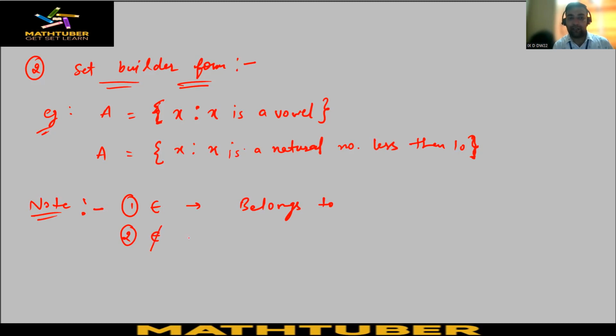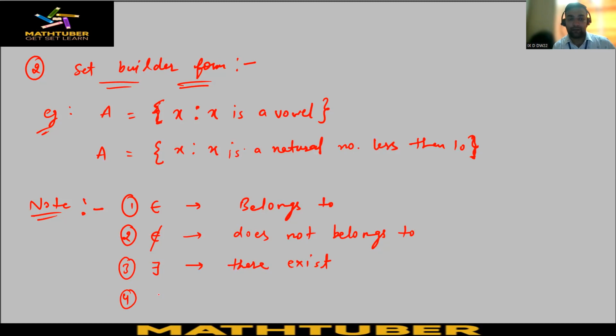Then similarly, this symbol, and if we cross it, then it means does not belong to. Third is this symbol. It means there exists. If something exists in a set or in an interval, then you can write this, there exists.